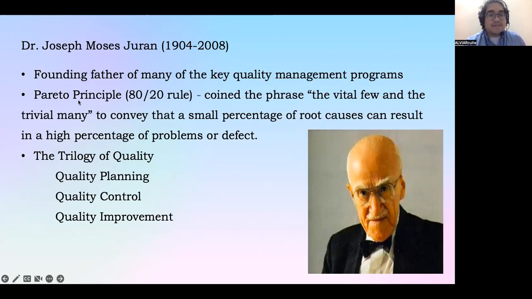Para ito sa principle, the 80-20 rule, coined the phrase the vital few and the trivial many to convey that a small percentage of root causes can result in a high percentage of problems or defects. So, kung ano man yung nagiging problema, halimbawa ang 20% ng problema, nagiging mas malaki ang problema. Ganon yung Pareto principle. So sabi dito, he introduces the trilogy of quality: quality planning, quality control, and improvement.